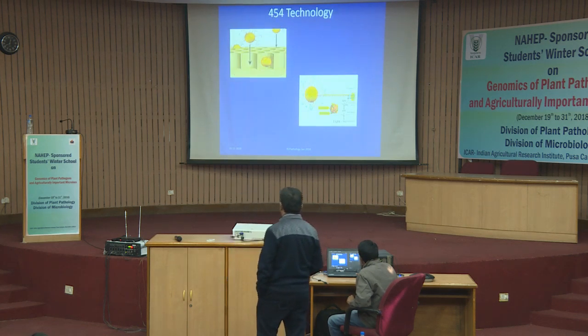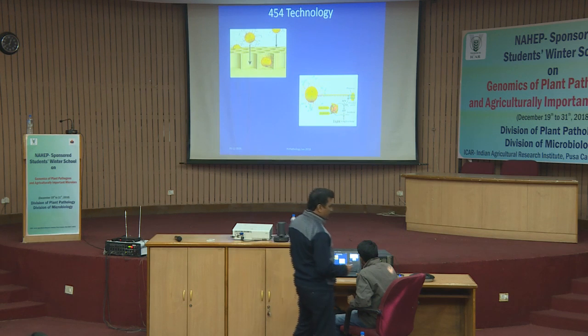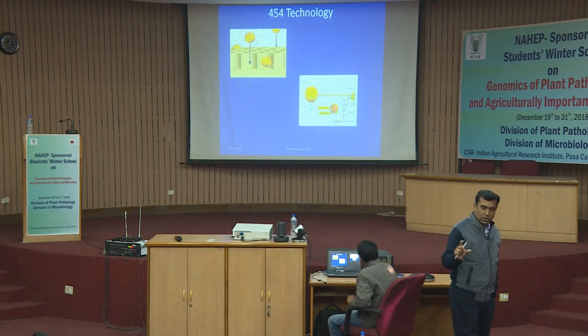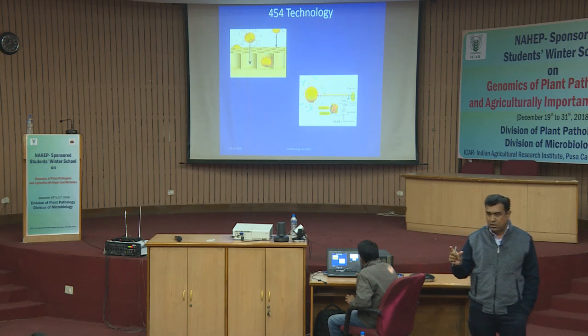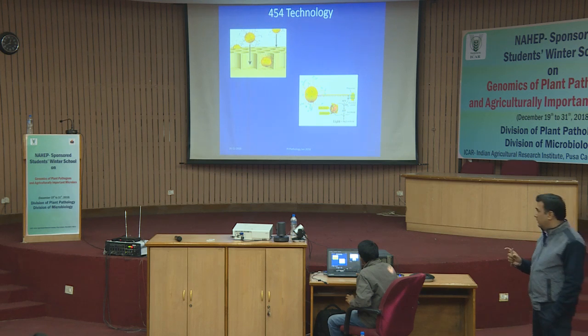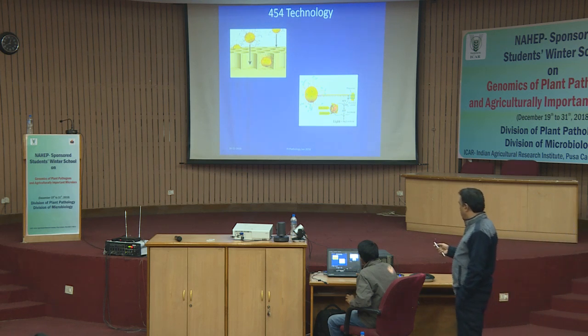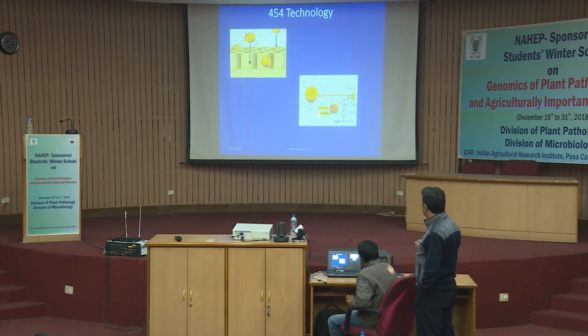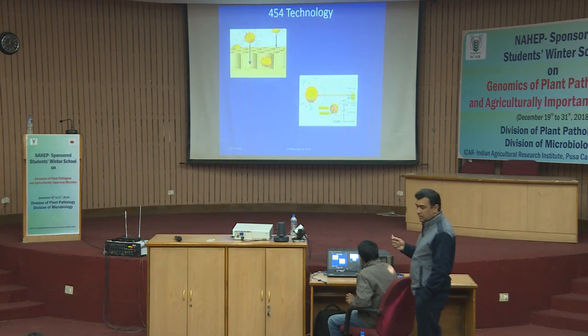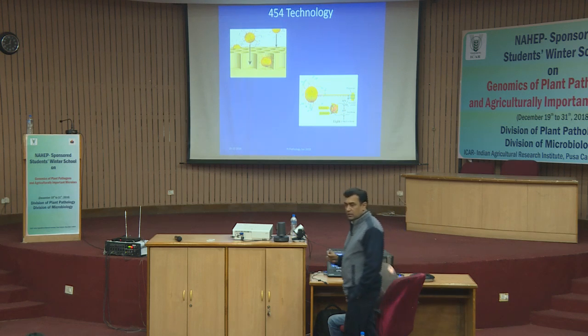Next. Then these beads are plated on a small chip called a picotiter plate, PTP, and then your enzymes are added: luciferase, sulfurylase and polymerase. As the bases are added, the chain grows.